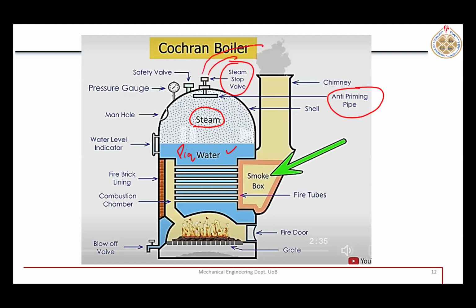The steam is collected from the top. This portion of the boiler which we are seeing here is only to produce saturated steam, not superheated. There is no superheater in this particular type of boiler, right? It is just producing steam at saturated pressure and temperature.